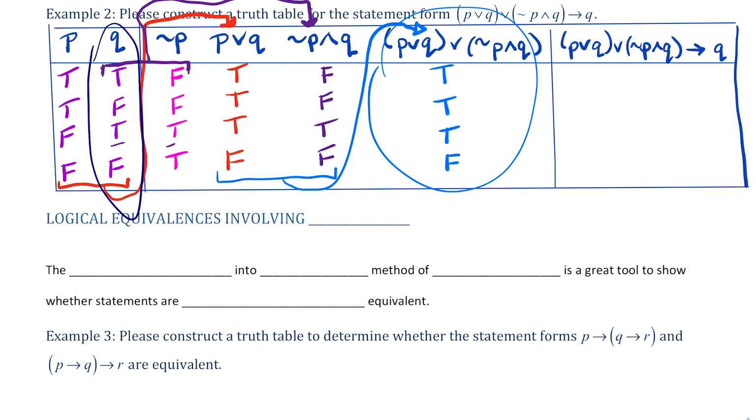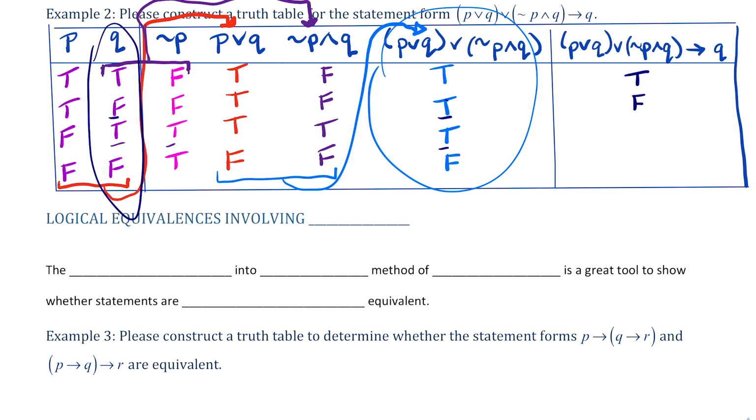Reading from right to left, we've got a true and a true and a true gives us, beautiful, a true, and a false. That's where it's going to be false, right?